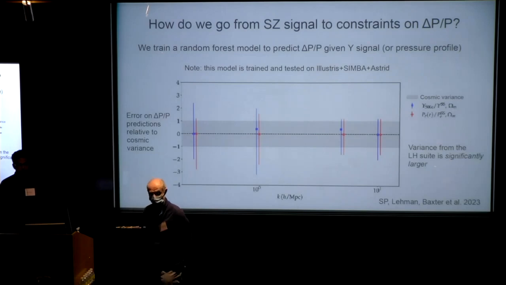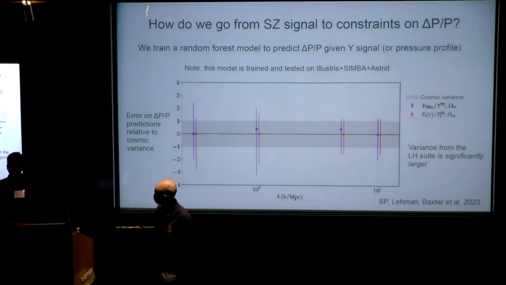I was wondering, since all these models have different feedback prescriptions, if you can do some kind of SBI or something like that to try to constrain the feedback, using the models separately as different realizations of feedback models, and then compare to observations and get some contour plots about confidence values of what are the feedback models that are more compatible with observed data. So you mean fold in more observations?